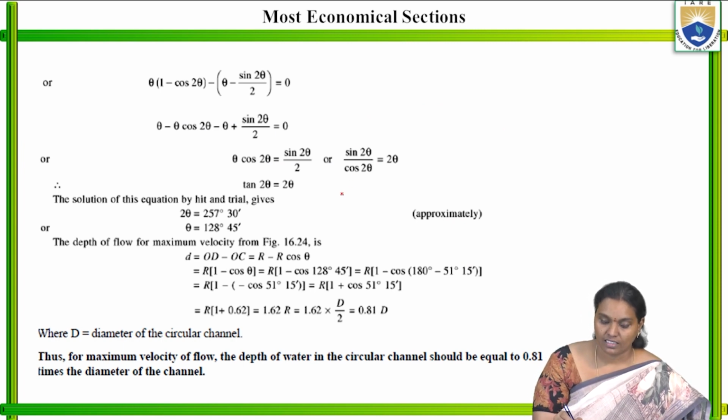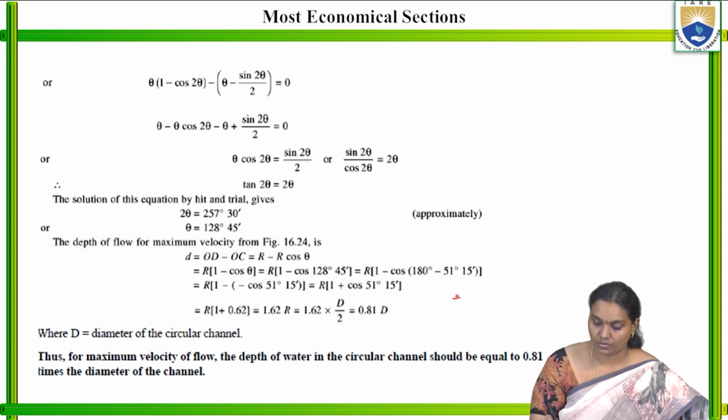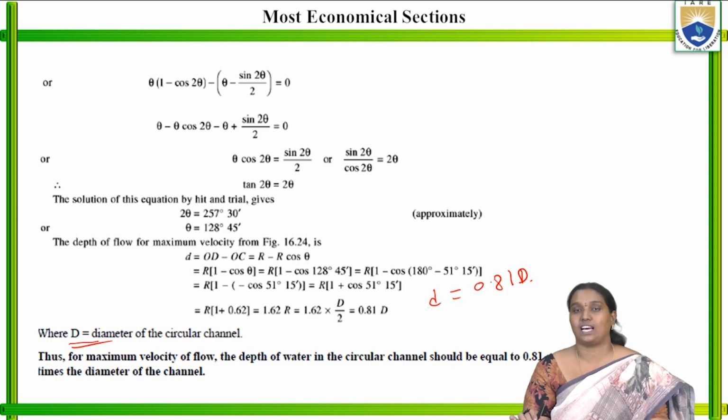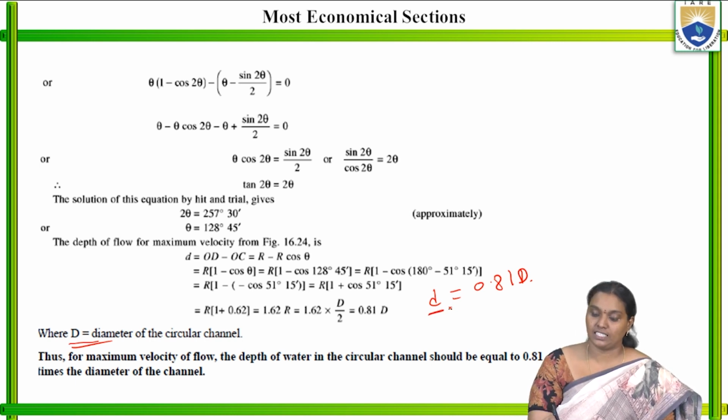So finally, d is equal to 0.81 into D. Here capital D is the diameter of the circular channel, and small d is the depth of the flow.